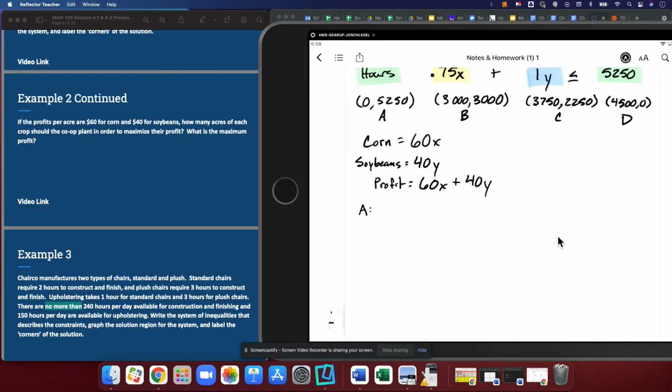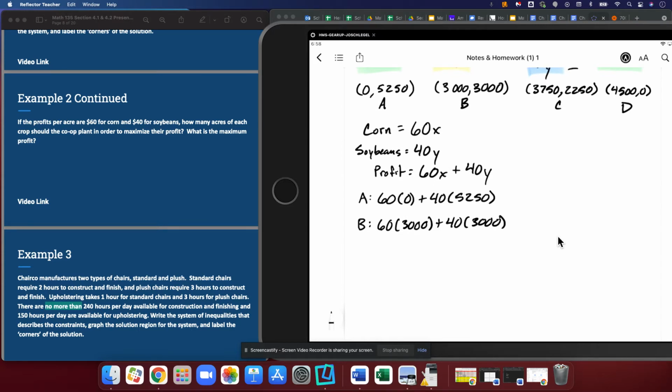So for point A, we would have 60 times 0, because there would be no corn planted, plus 40 times 5250. Option B would be 60 times 3,000 plus 40 times 3,000. And a lot of people, it seems like, defer to, hey, let's just do half and half. And that might be the best option, but we might get a surprise, and that might not be the best option. In fact, there might be a huge difference. We will find out.